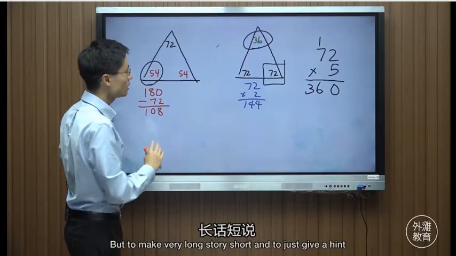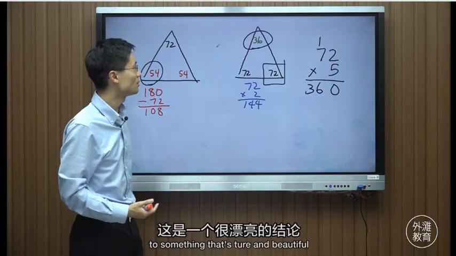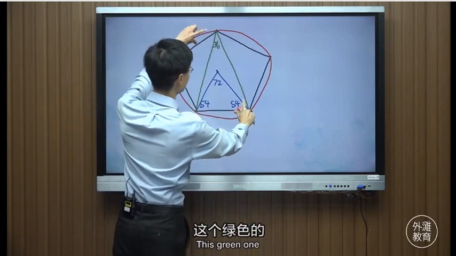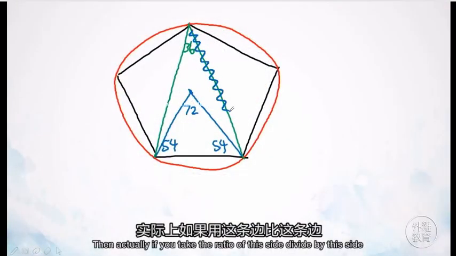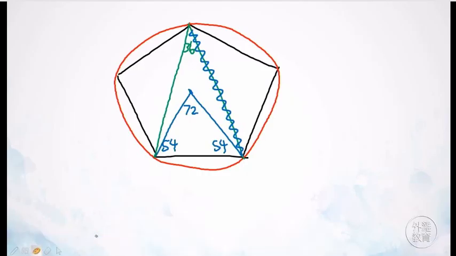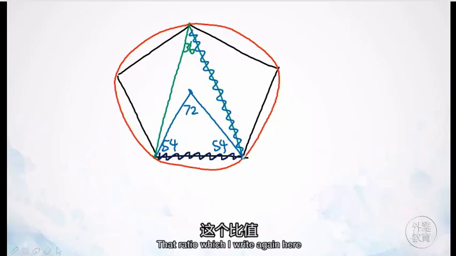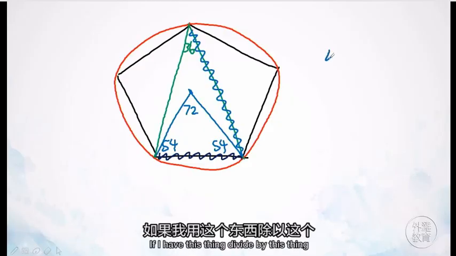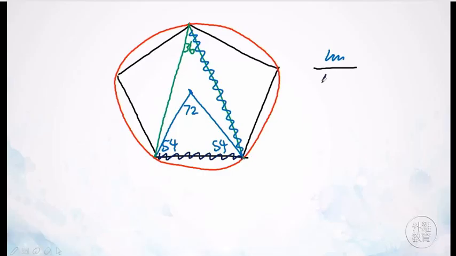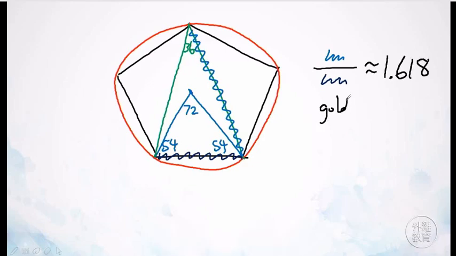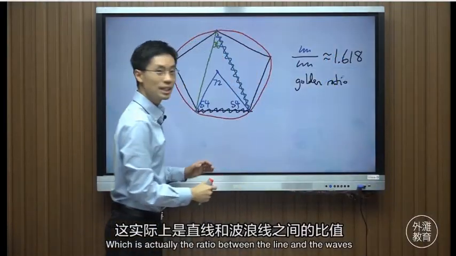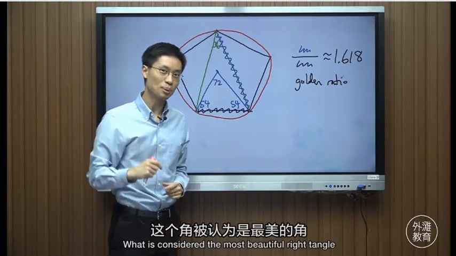But to make a very long story short, and to just give a hint of something that's true and beautiful, if you take this particular triangle here, this green one, then if you take the ratio of this side divided by this side, this is about 1.618, which is what's called the golden ratio, which is the ratio between the length and the width of what is considered the most beautiful rectangle.